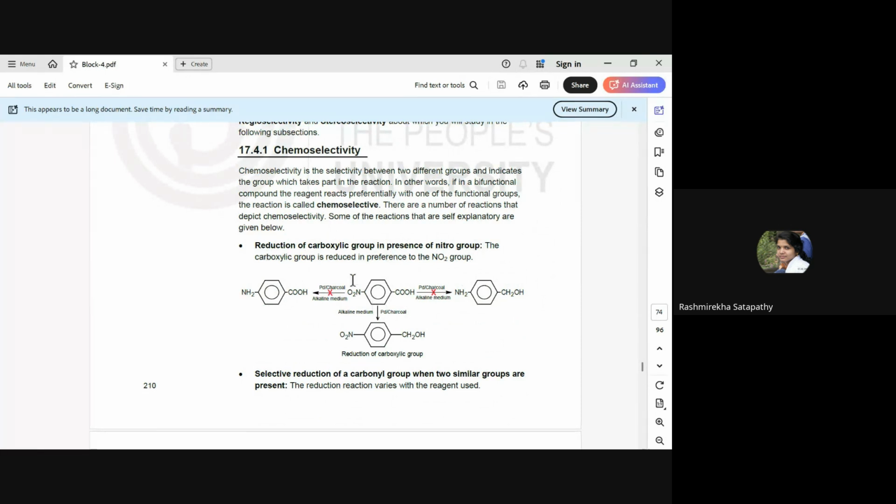You can see this compound, prochiral, in the presence of palladium. This is not forming, but this is forming, with palladium in alkaline medium. Reduction of the carboxylic group: only the acid group is reduced, not the NO2 group. So this is chemoselectivity. Only one product is forming.